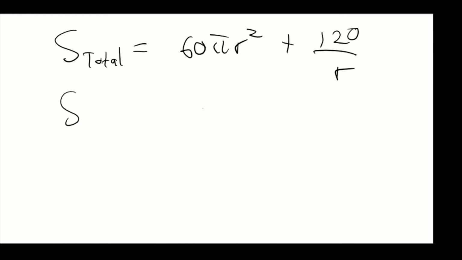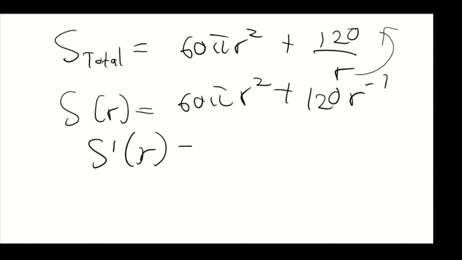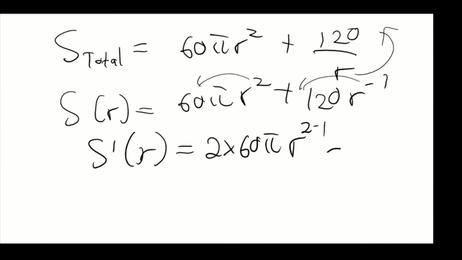So S of r is equal to 60 pi r squared plus, we take the r to the top, 120 r to the power minus 1. To find the derivative, the 2 goes down, so it's 2 times 60 pi r to the power of 2 minus 1. The minus 1 goes down, we have minus 120 r to the power minus 2.